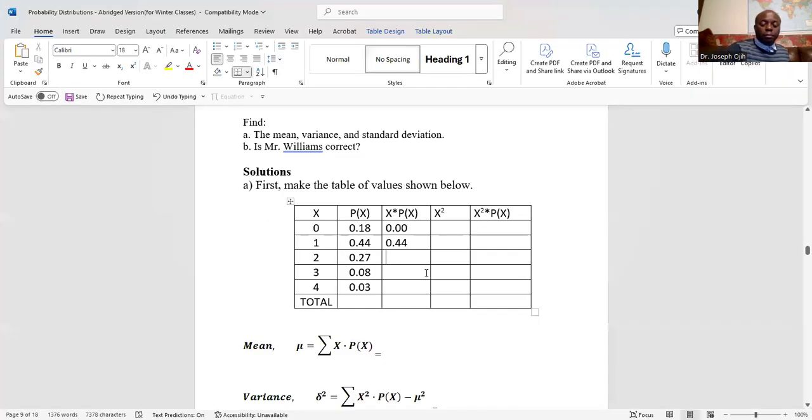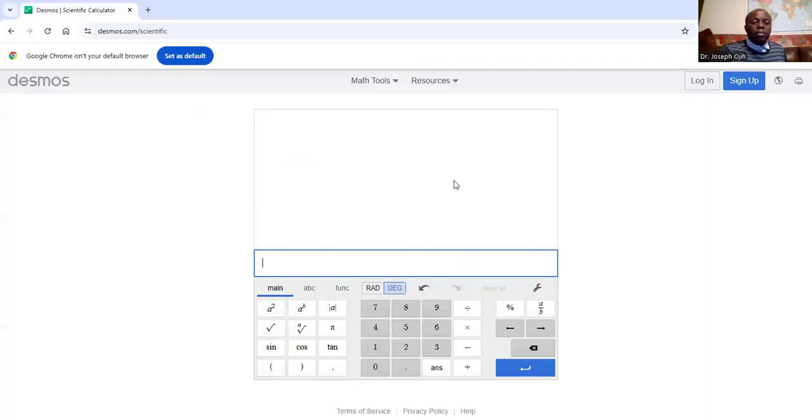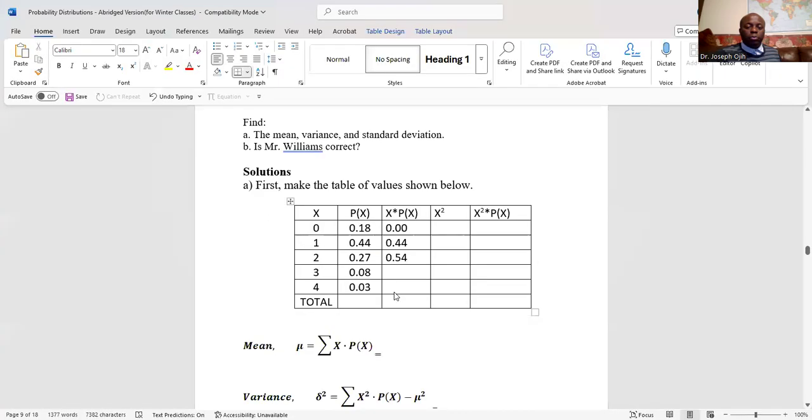Yeah, 0.54. Next would be 3 times 0.08, which is 0.24. Okay, so I did that already, so I'm doing it a second time. Sorry, my mistake. This is 0.24, I didn't write it. That's why.